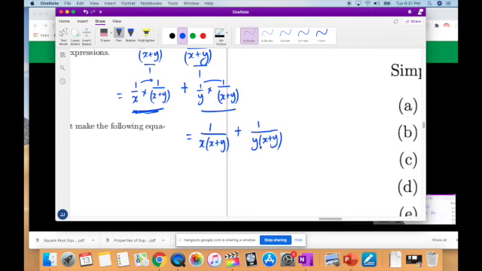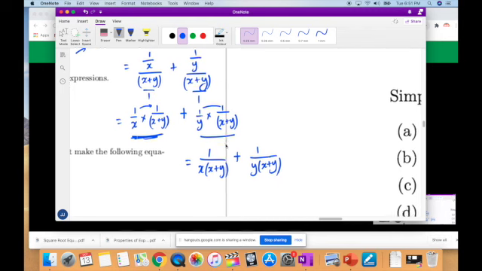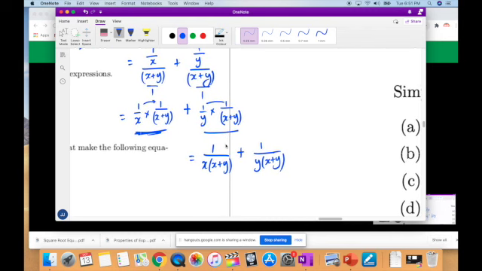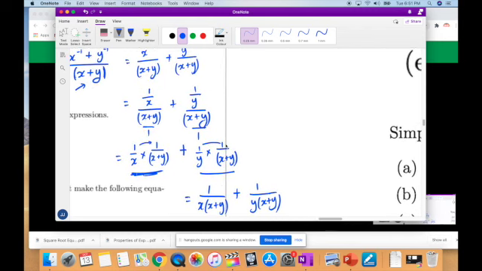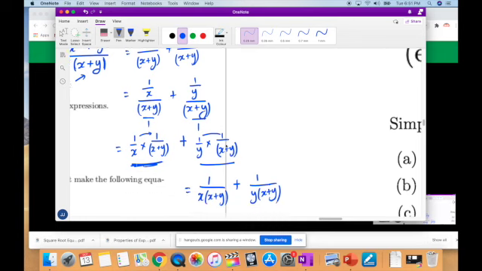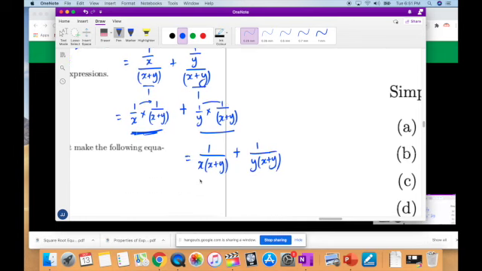And can that be simplified further? Yes? How could I simplify that further? Multiply the brackets?